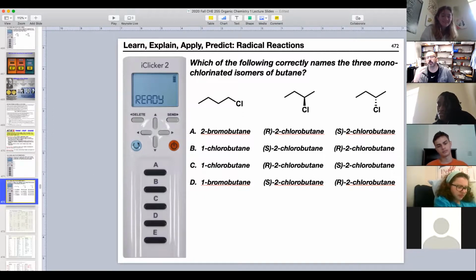But in reality, you can get 3. And the reason you can get 3 is because when you substitute at the secondary position, you end up with R and S. So what we aim to do over chapter 10 is understand why can you get R and S? And that has to deal with the geometry of a radical itself. So we'll pick that up on Wednesday.